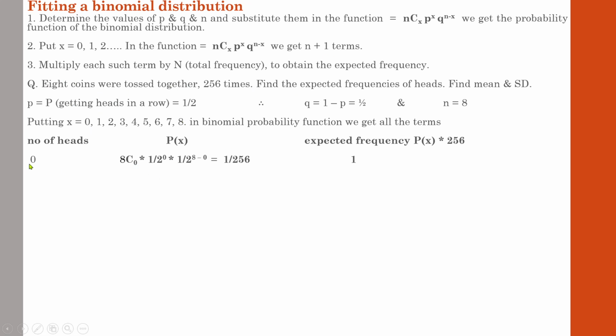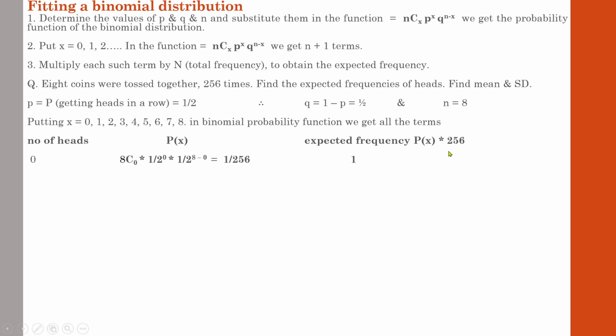X equal to 0. 1 by 2, we already found the probability of getting a head is 1 by 2. Whatever may be the question or case, the probability of getting head is always 1 by 2. So 1 by 2 raised to x, here it is 0, into 1 by 2 raised to n minus x. N is 8 minus x is 0. You will get 1 by 256.